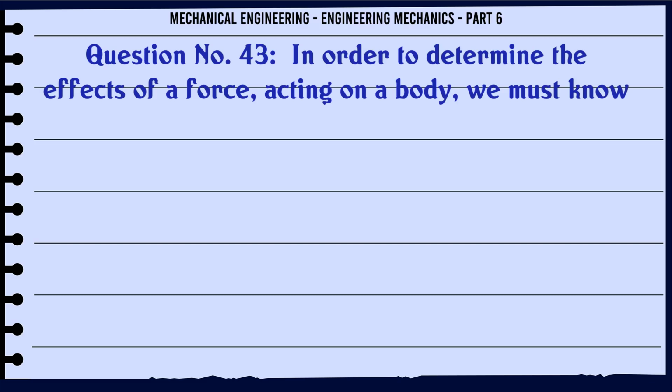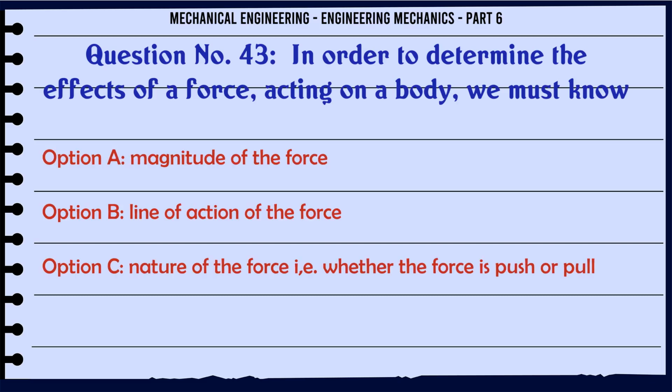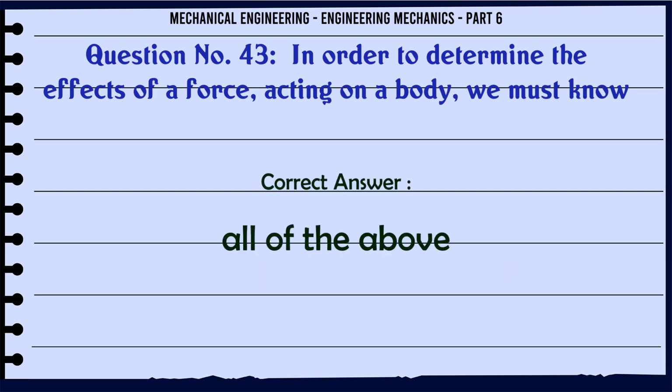In order to determine the effects of a force acting on a body, we must know A. Magnitude of the force. B. Line of action of the force. C. Nature of the force, i.e. whether the force is push or pull. D. All of the above. The correct answer is all of the above.